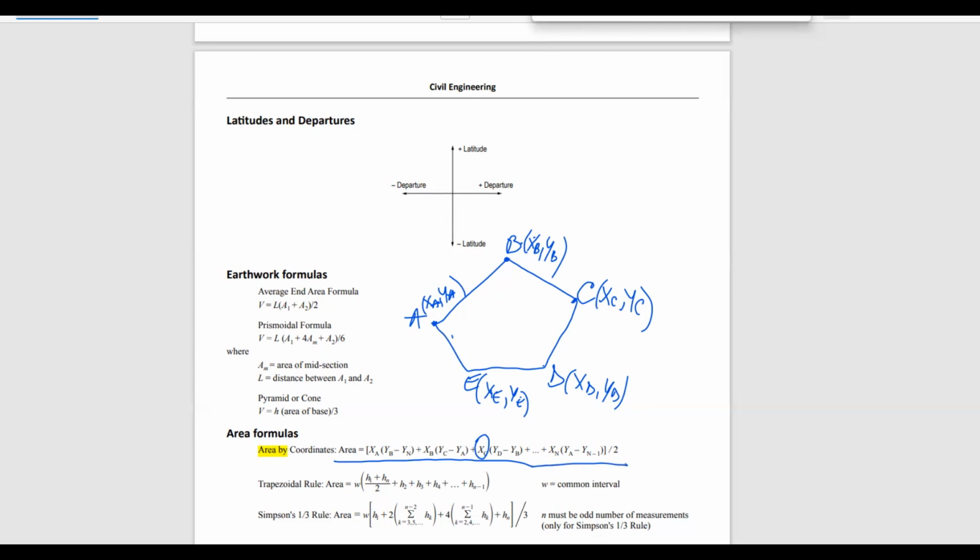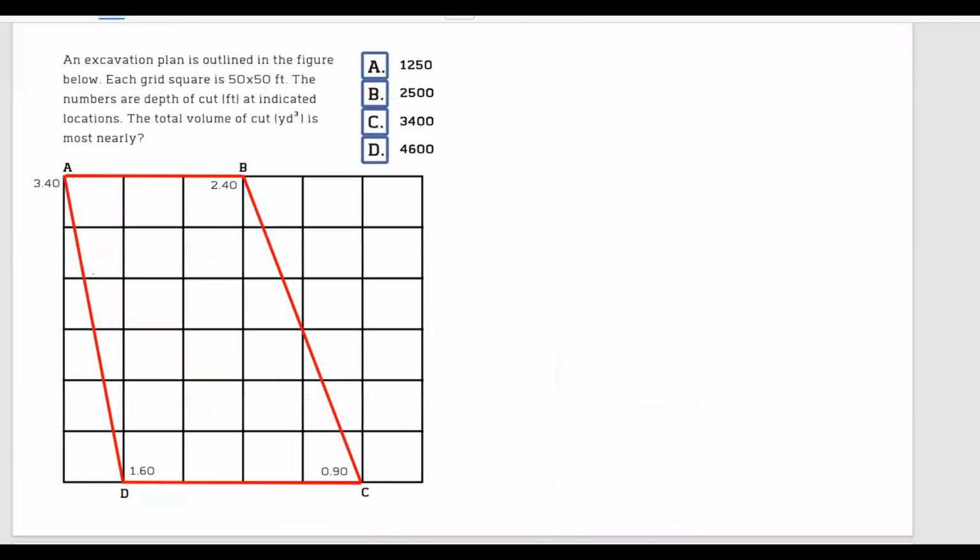This is one way you can solve this area. We have this grid here, and we are told each square is 50 by 50, so we can easily determine the coordinates of each point if we consider this Y and X axis.